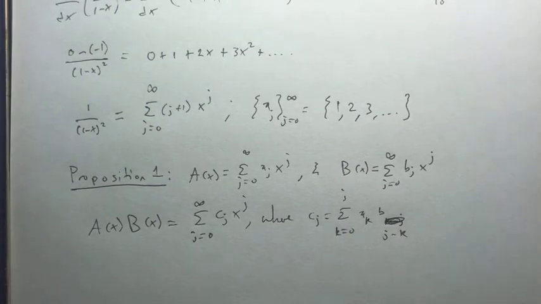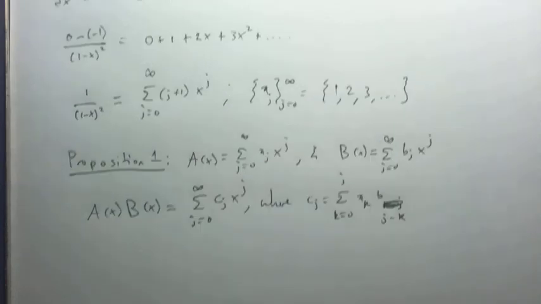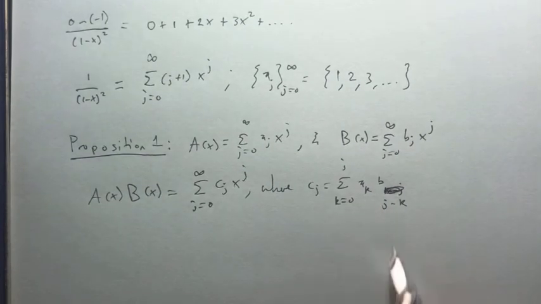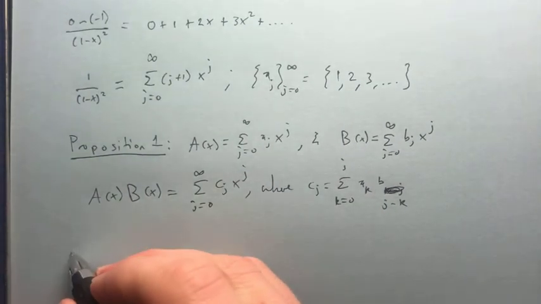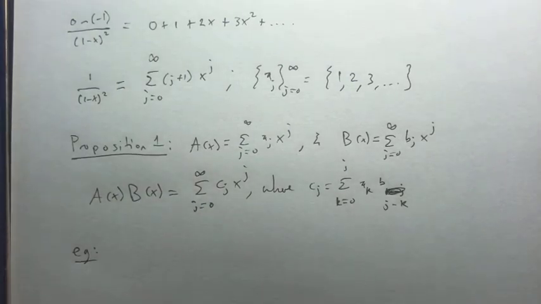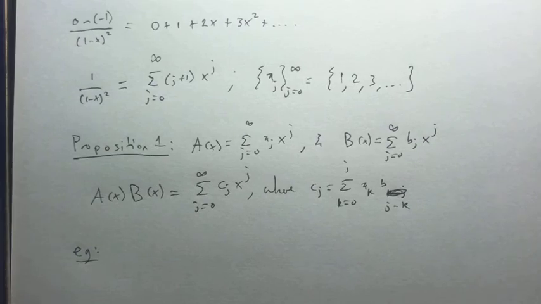So just let's do a simple example of this. Let's look at the first few, and this is just higher level foiling, if you want to think of it that way.